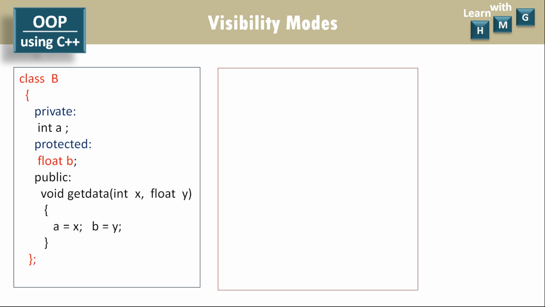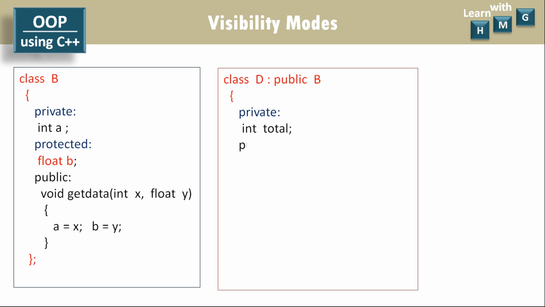So this is class B having A as a private member, B as a protected member and getData as a public member. There is one more class D, which is a derived class derived from class B. This particular class has the private data member total.